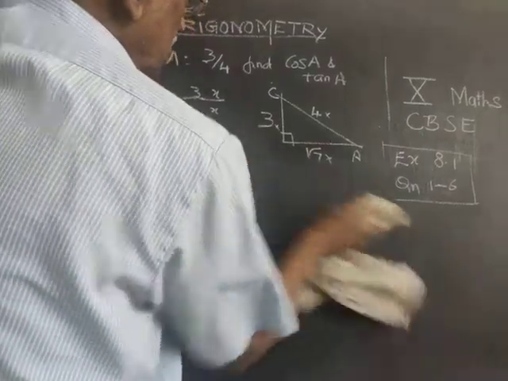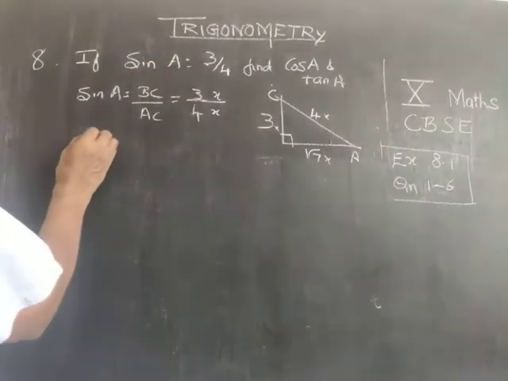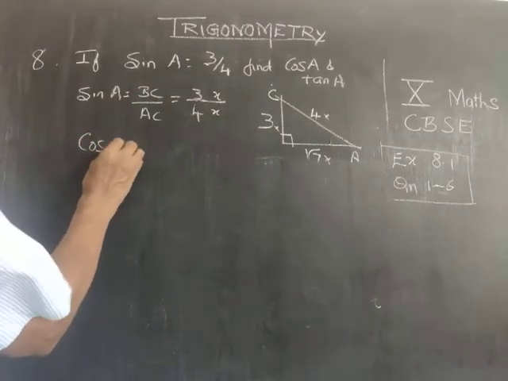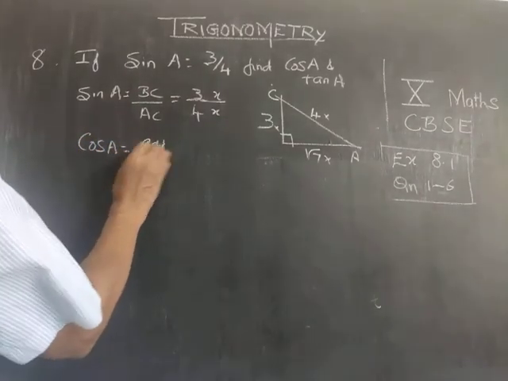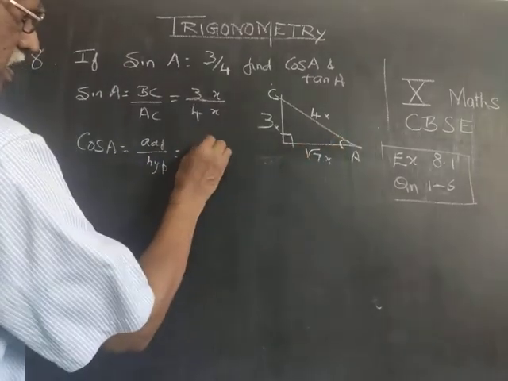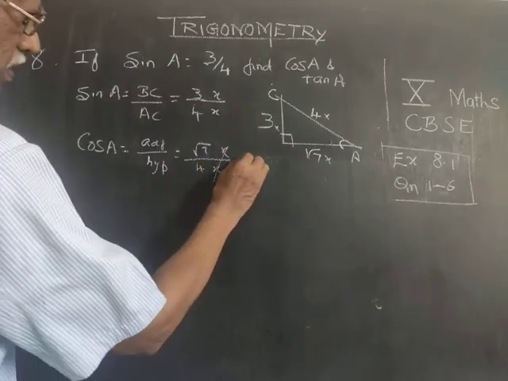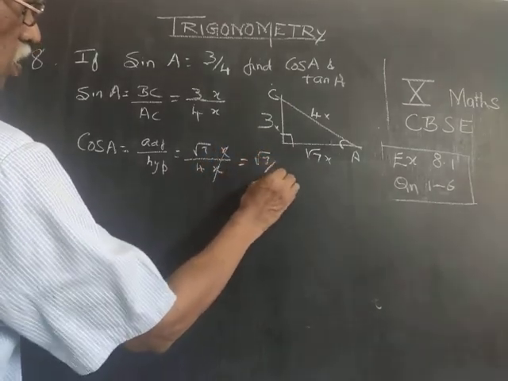Now you go for what are the things you are asked to find. Cos A you are asked to find out. What is cos A then? Cos A is adjacent by hypotenuse. Adjacent for A is root 7 x, hypotenuse 4x, x gets cancelled, root 7 by 4.